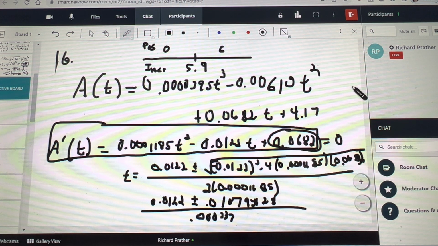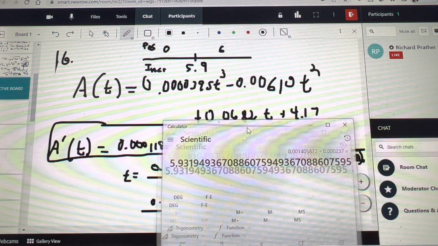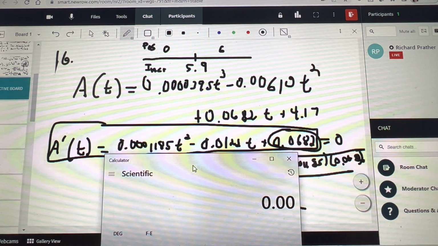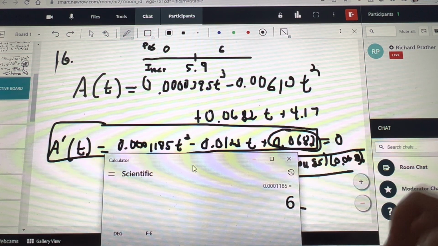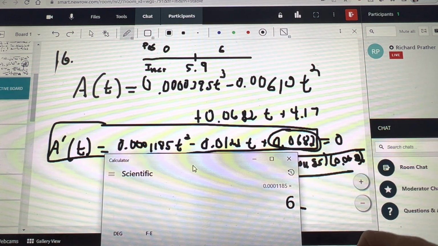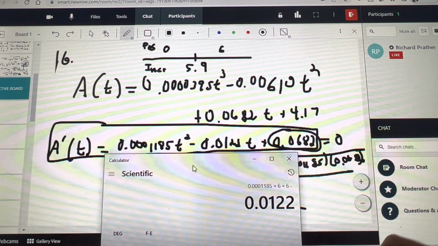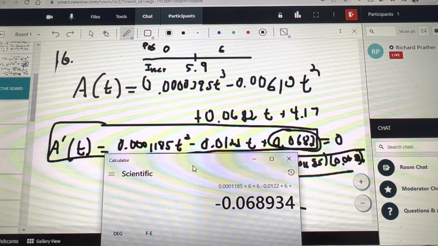And then if I plug 6 in, that'll take a little longer, but even here, I think you can see that. 0.0001185 times 6 squared, or I could put times 6 times 6, minus 0.122 times 6 plus 0.682.